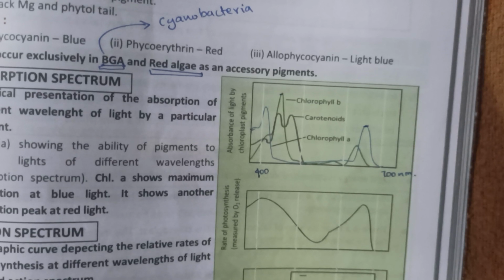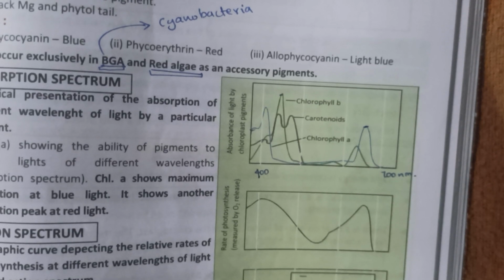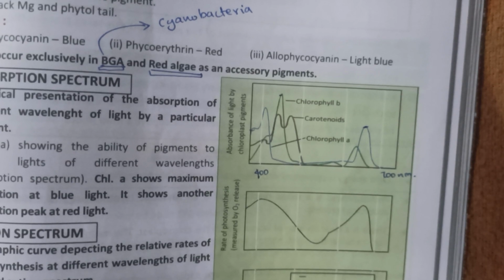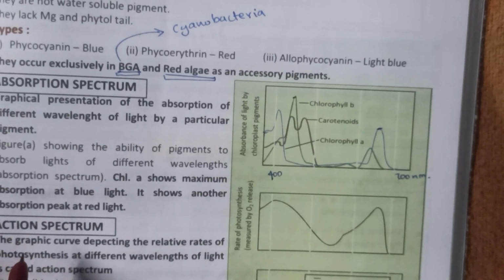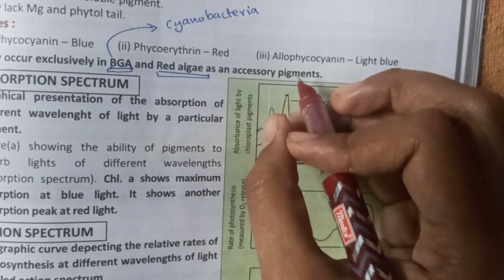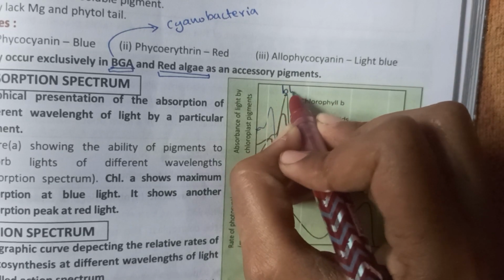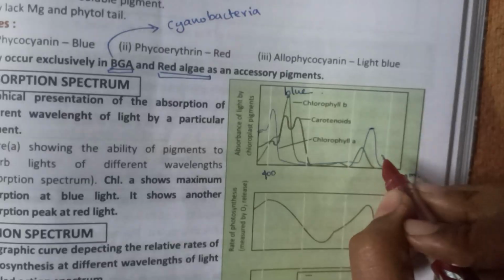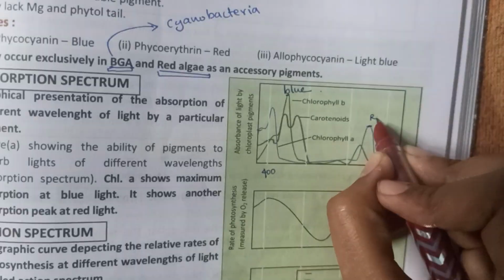This graphical presentation of the absorption of different wavelengths of light by a particular pigment is shown here, and this figure shows that chlorophyll A shows maximum absorption at blue light. This is blue light, and it shows another absorption at red light.